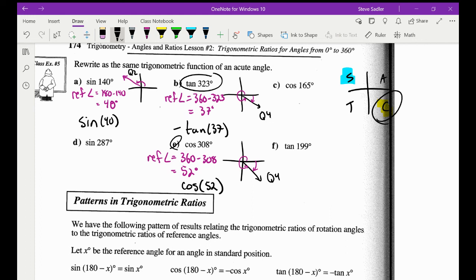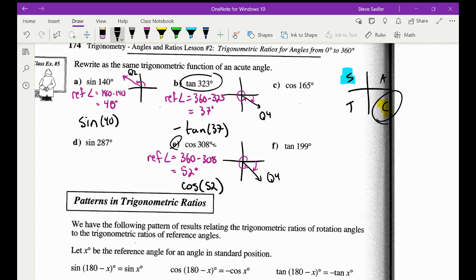So the whole idea behind this is that when you do that, you get the same answer. So if you do, sorry, I was just double checking.